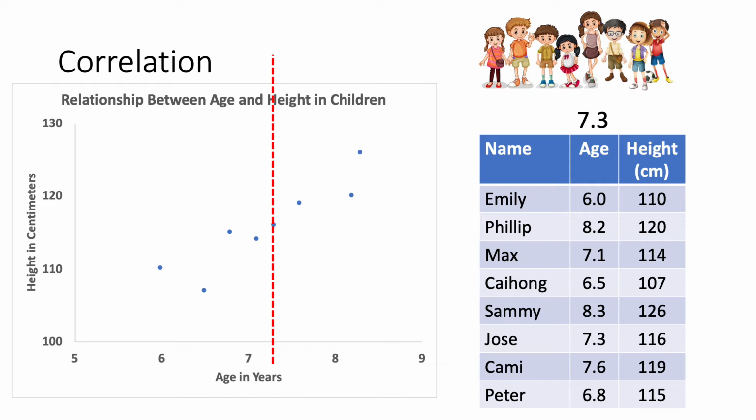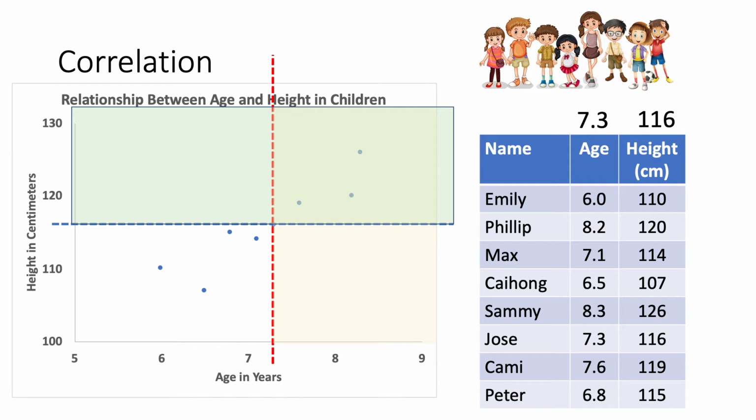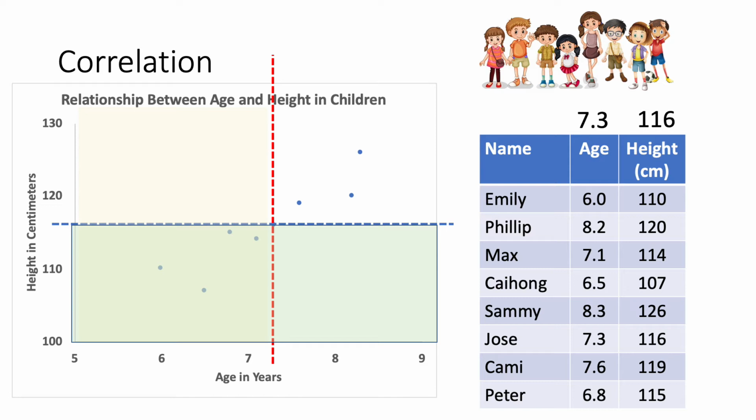In fact, if I look at the average for their age, which is 7.3, and the average for their height, which is 116 centimeters, the children who are above the average for age are also above the average for height. The opposite is also true. Those who are below the average for age are also below the average for height.